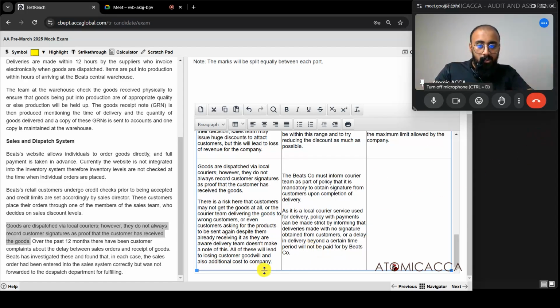So sorted. We are making sure that the courier team does their work properly by improving the policy with regards to payments and delivery.